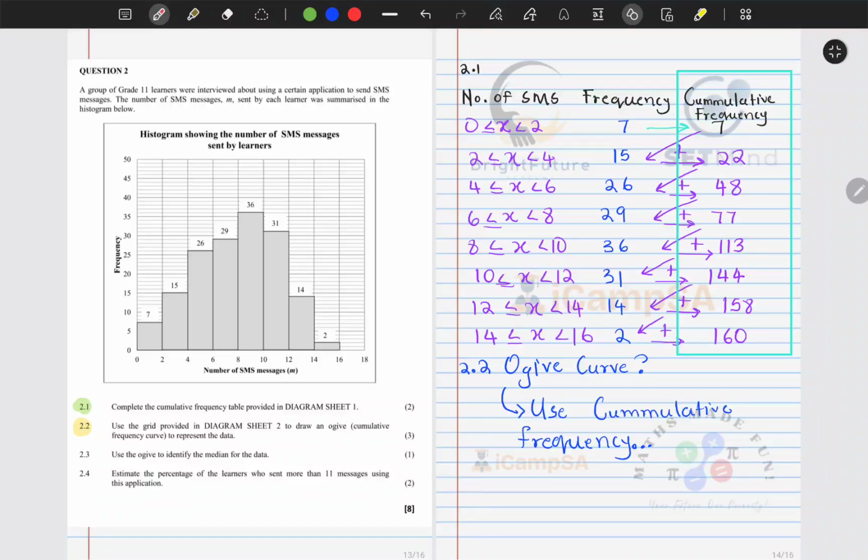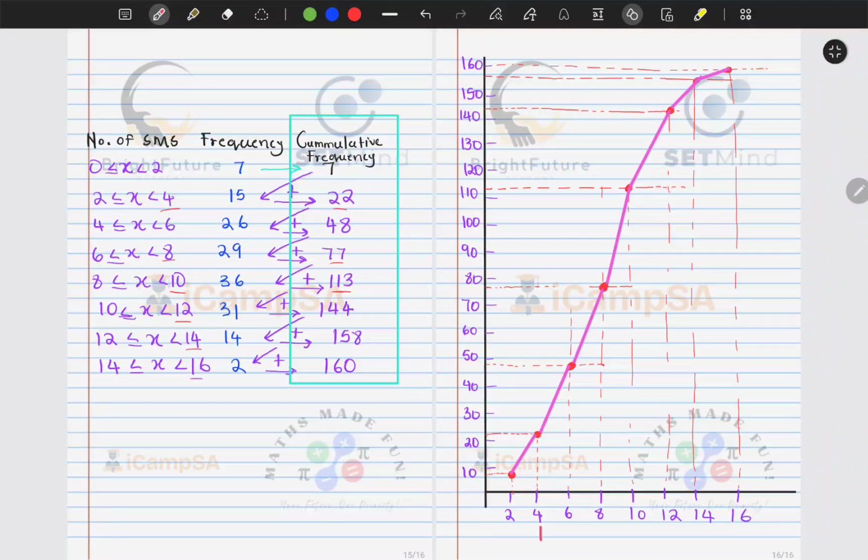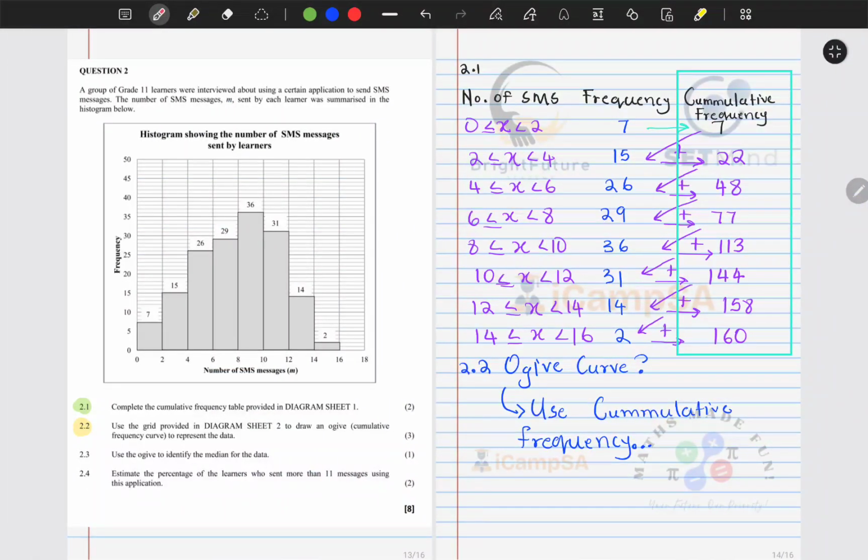So remember, what we have is the number of SMSs. So you should make sure that you always put that up. So what you have is your number of SMS. Then on the vertical side, you have cumulative frequency. So that is your CF, that is the cumulative frequency of, if you observe carefully, the number of SMSs.